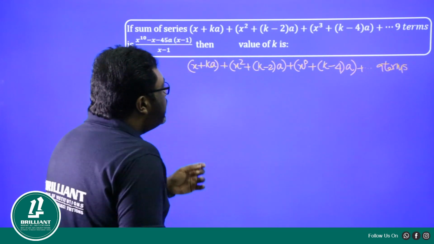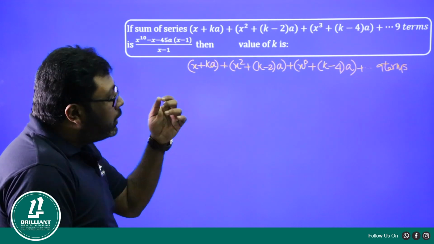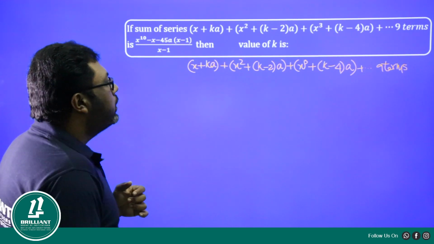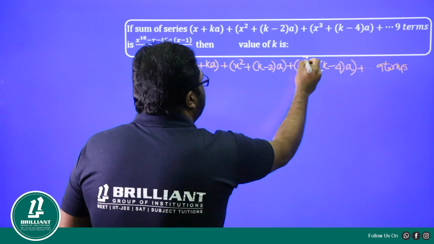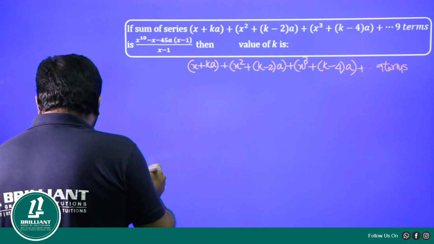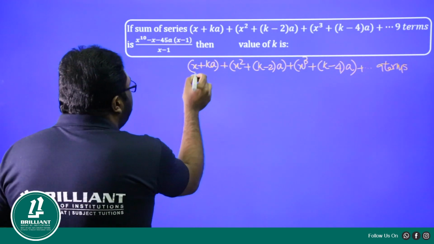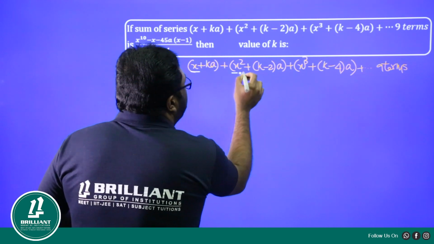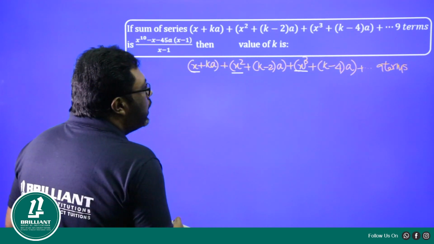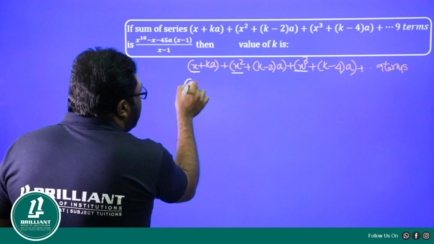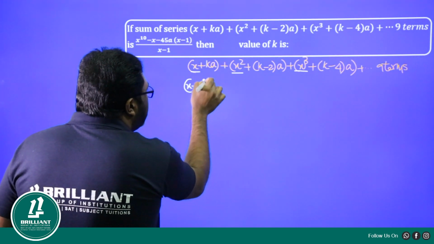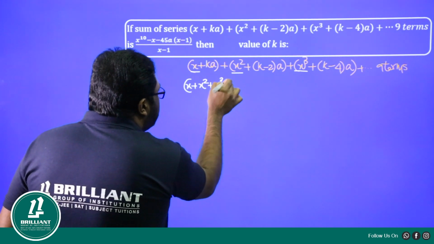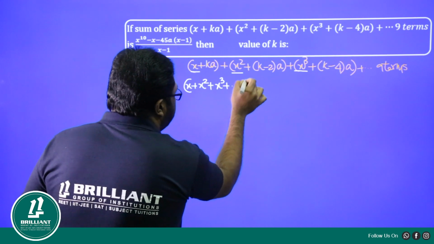Okay? You just have to observe the expression very closely. When you look at the first terms of every bracket, can you see that it is something like a geometric series? Yes, it is clearly a geometric series.